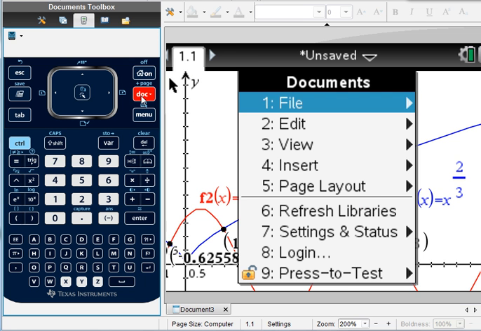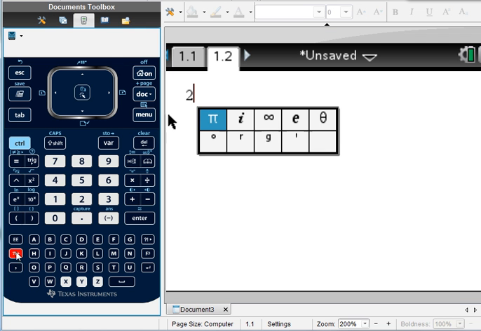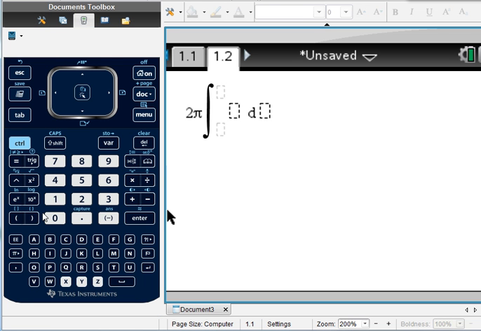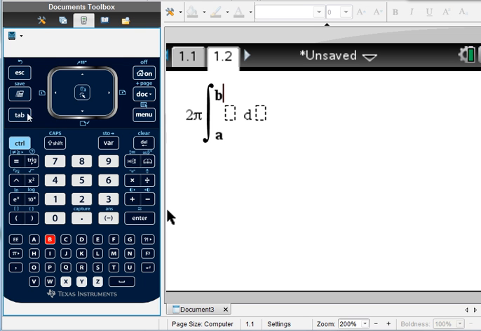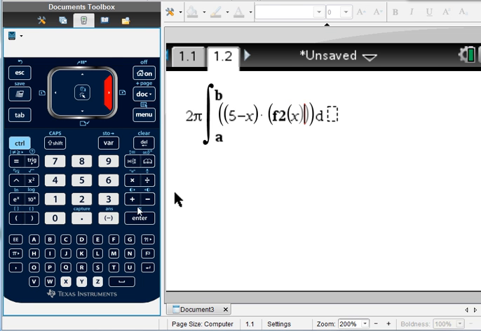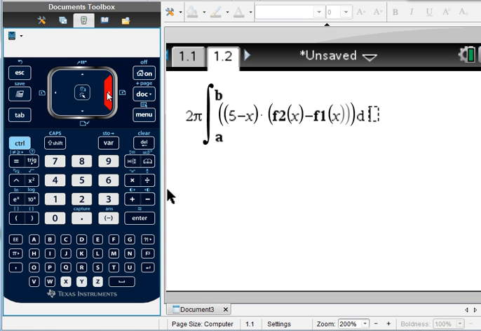And then let's insert a calculator. So again, we can go 2 pi times the integral from A to B. And open parentheses, our radius was 5 minus x times, open parentheses, our height was g of x, which was f2 of x, minus f1 of x, dx.